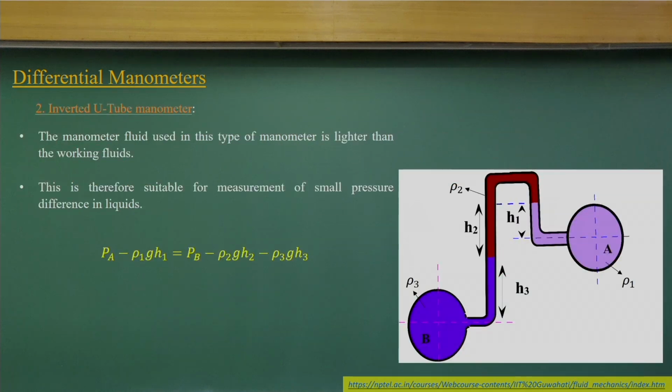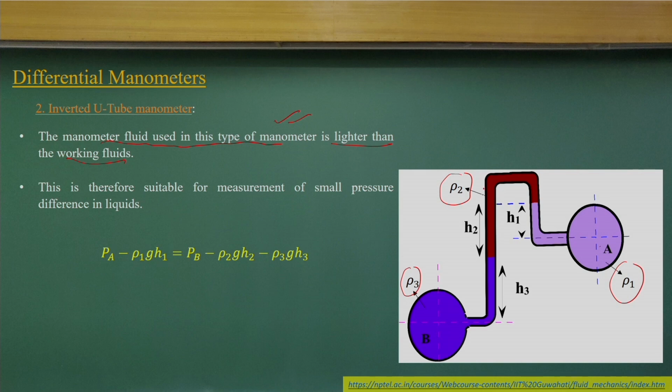Now, if you look at an inverted U-tube manometer, this is the manometer. The manometer fluid you use in this type of manometer is lighter than the working fluid. These are the working fluids, with rho 1 and rho 3 being 2 different densities of the working fluid, but rho 2 is the density of the manometric fluid.